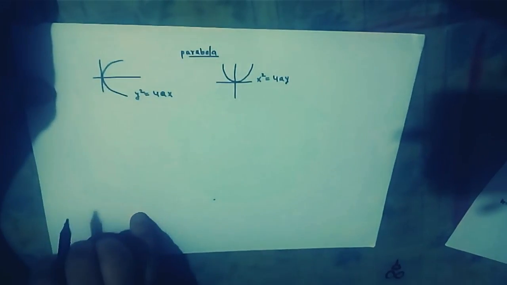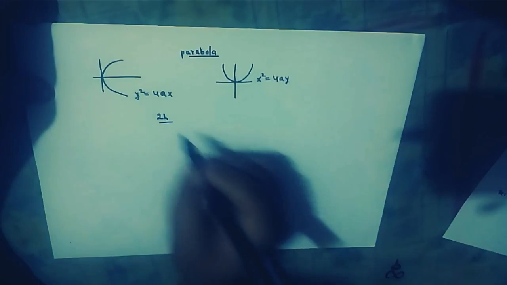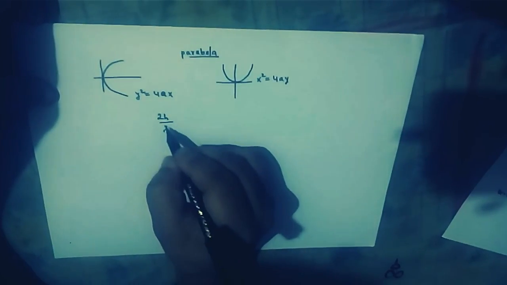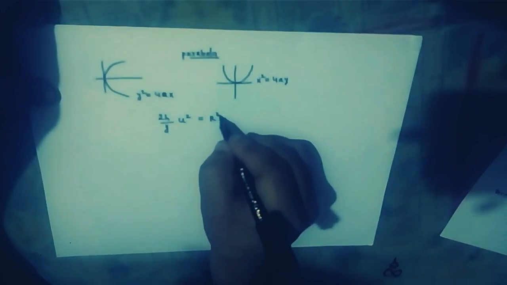But what we have here in this case is 2h upon g u square is equal to r square.